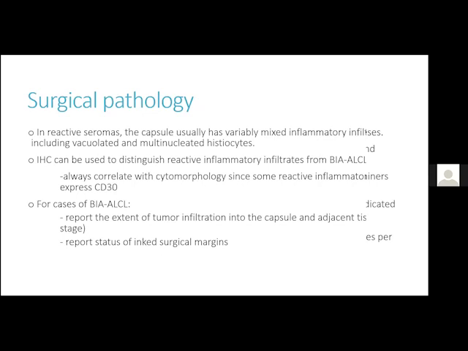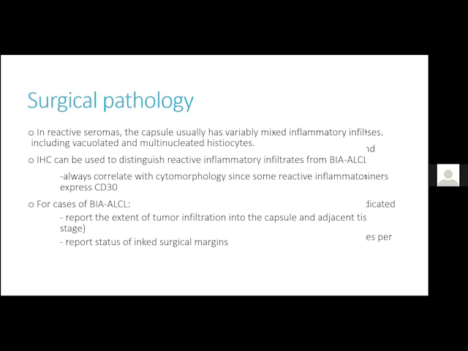Much of the time, the capsulectomy specimens are from a patient who has a seroma, and it is reactive. What you may see are variable types of inflammatory cells. Often there are lots of vacuolated and multinucleated histiocytes. Look carefully on the inner surface for fibrinous exudate and for the atypical lymphoid cells that you may see with anaplastic large cell lymphoma, in which case IHC can help.